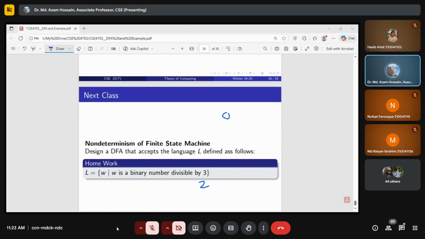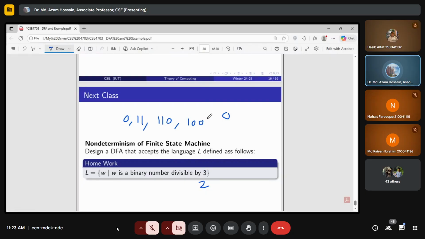Now you have to think about what the strings could look like. For example, this is divisible by 3, this is divisible by 3, and so on. I listed some more strings, so try to design that finite state machine. I want you to bring the solution to the next class. Okay?